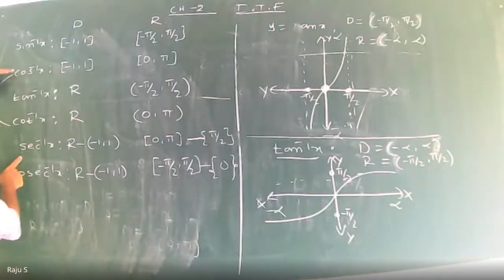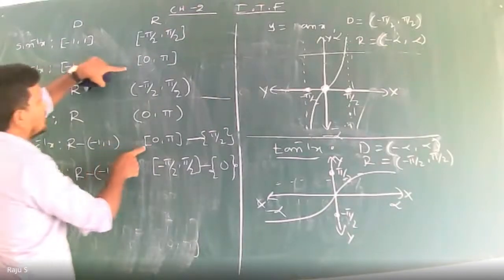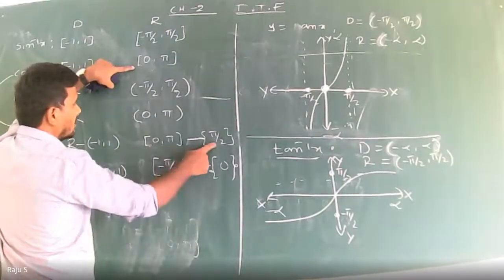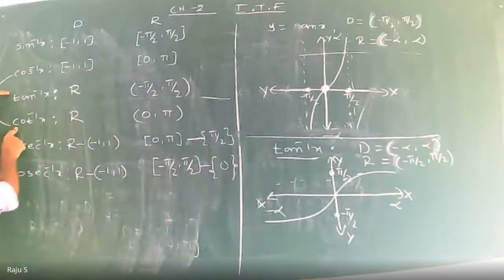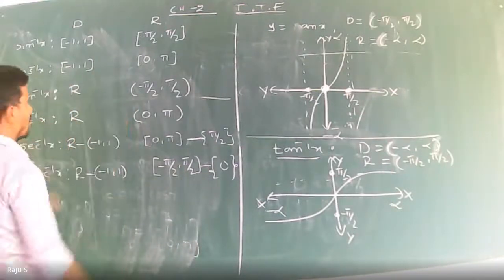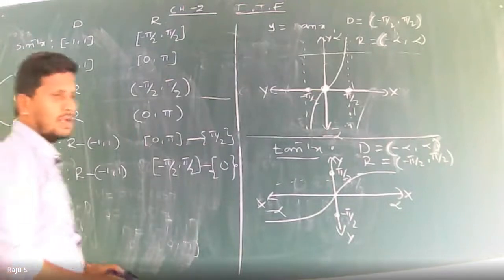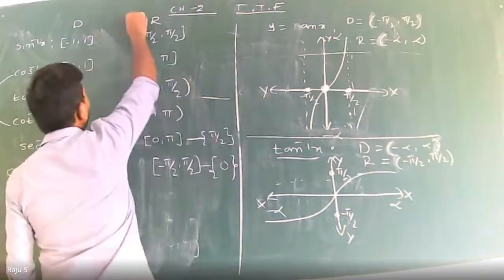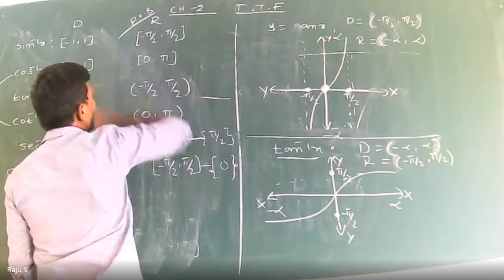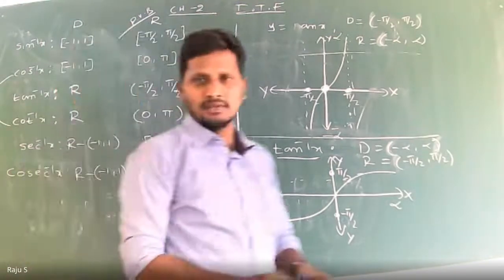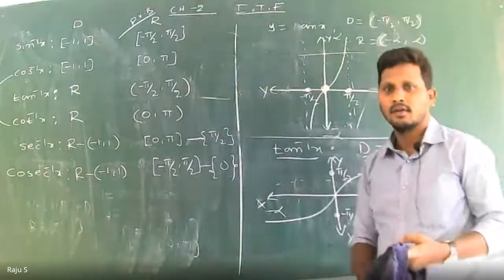And next, cos and secant are reciprocals of each other, so the same closed interval, but other than 90. And tan and cot are like sine and cos. You have to remember all these principal value branches, the PVB, the range of the principal value branch.